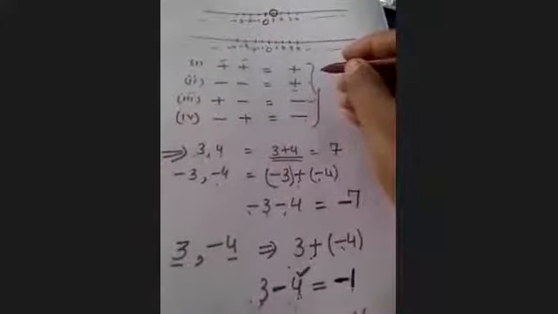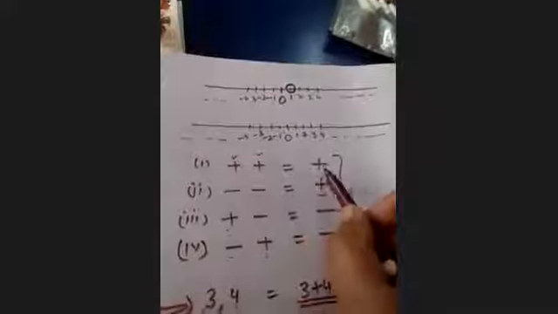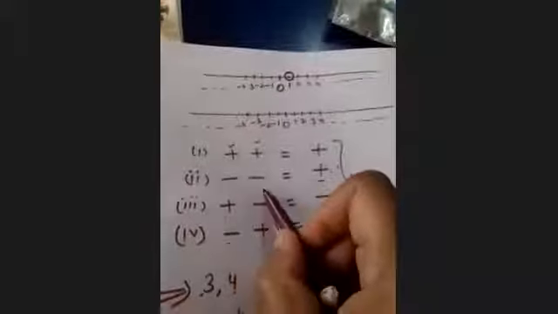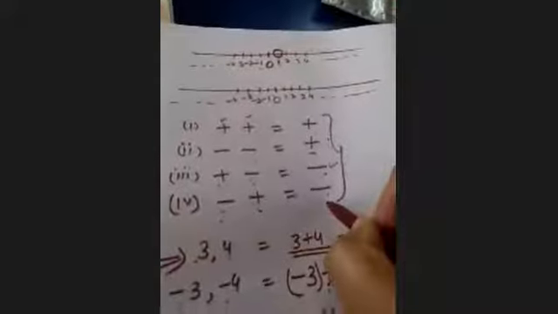Clear, students? Basically, when we add and subtract the integers, we will follow these rules. The first rule is plus plus plus, minus minus plus, plus minus minus, minus plus minus.